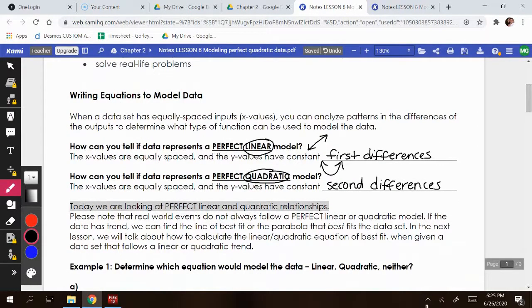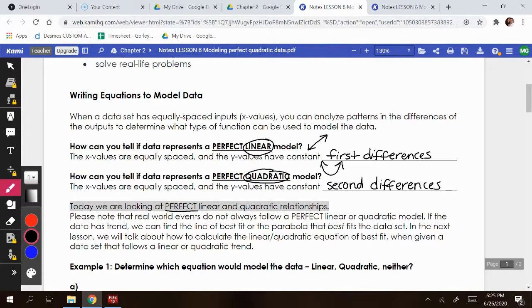Today we are looking at perfect linear and quadratic relationships, where every point lies on either the line or the parabola. Please note that in real-world events, it doesn't always follow a perfect linear or perfect quadratic model. If the data has a trend, we can find the line of best fit or the parabola that best fits the data set.